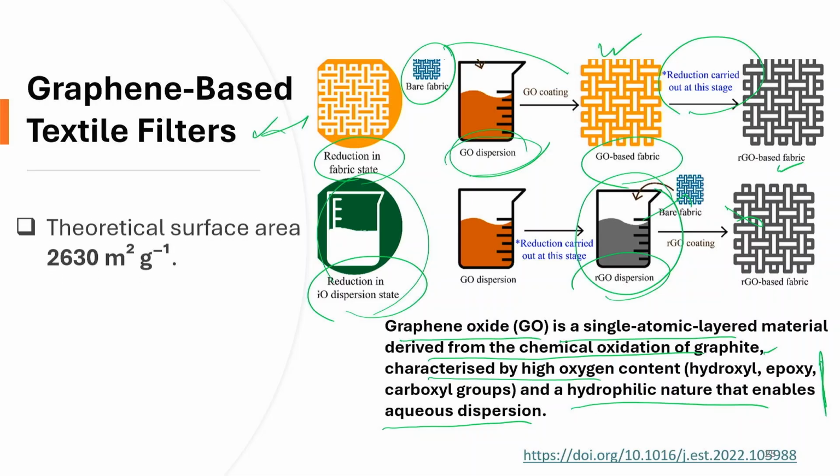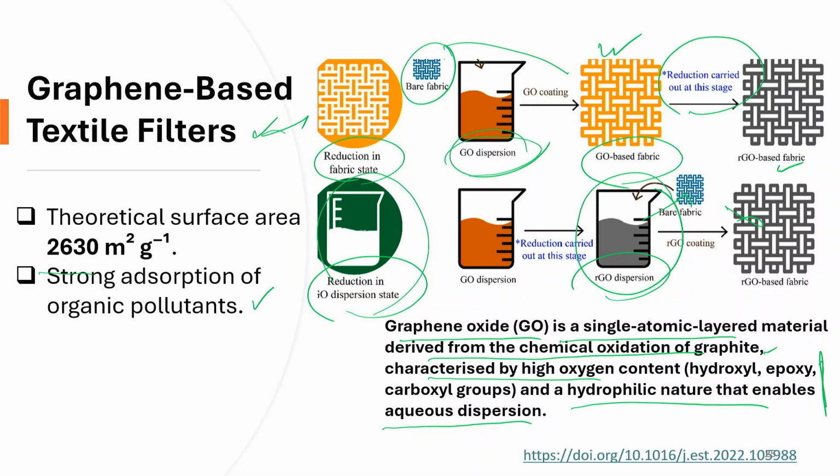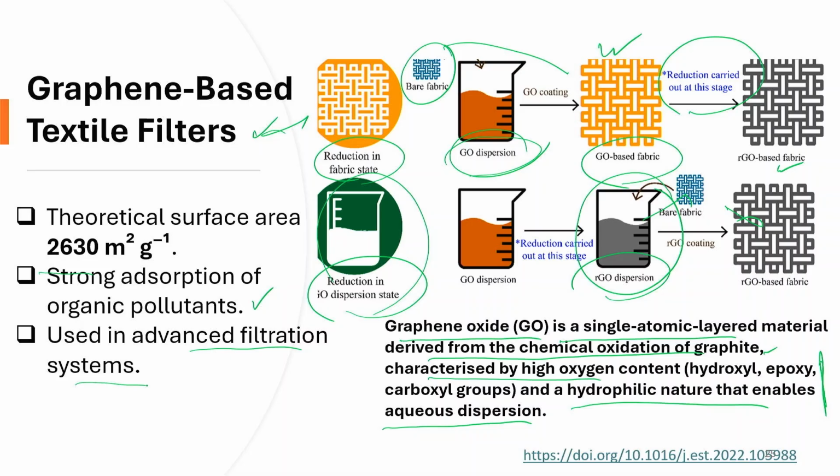Here you can see the theoretical surface area is around 2600 square meter per gram, a very high surface area, giving strong adsorption of organic pollutants. So, this graphene, due to its very high surface area, adsorbs the organic pollutant from water and is used in advanced filtration systems.